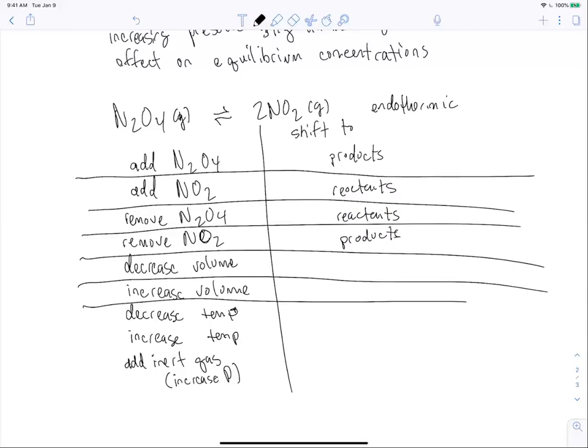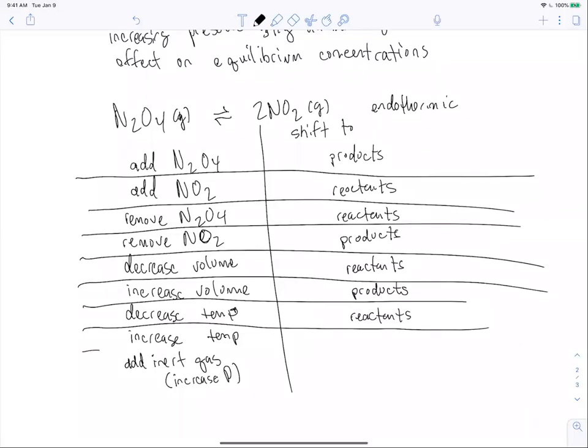If we decrease the volume, that's going to shift away from the side that has more moles. So it's going to shift to reactants. Increase in volume is going to shift to products. Since it's endothermic, if I decrease the temperature, that's going to shift to reactants because it's like removing a reactant, similar to removing N2O4.